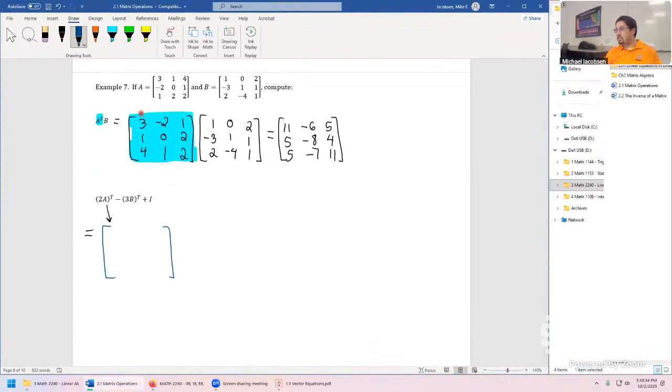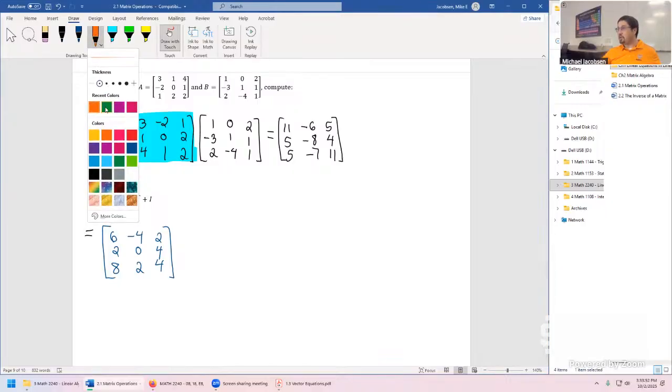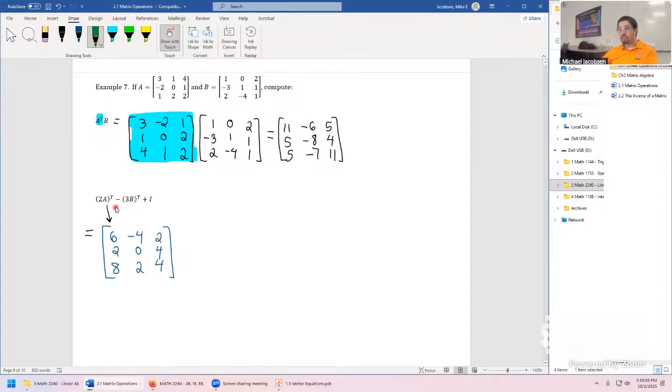Scaling this by 2 gives us 6, 2, 8. Then negative 4, 0, 2, and then 2, 4, 4. Now this one, I feel like this would be doing a lot for me mentally all at once. What I would do first is, before just scaling by negative 3 and taking the transpose, let me just put somewhere on paper what B transpose is.